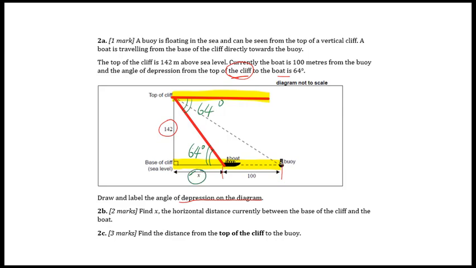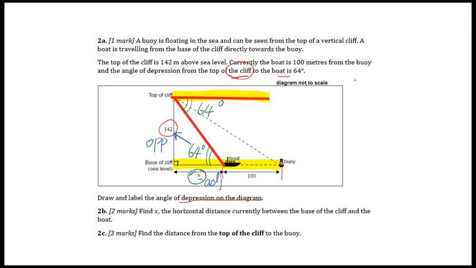We already know this is 64 degrees. This is a right triangle. Therefore, using SOHCAHTOA, we will label from 64 degrees. We know this is an opposite side. We are looking for this x. X is the adjacent side.